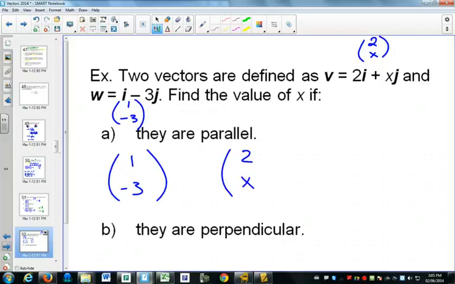You would have to say, well, how could I get back to a 1? Divide by 2. So I'd have to do the same thing to get back to a negative 3. So what's x going to equal? Negative 6.